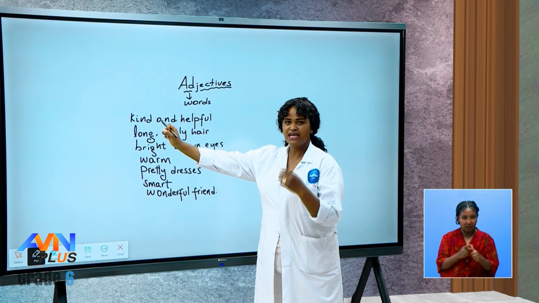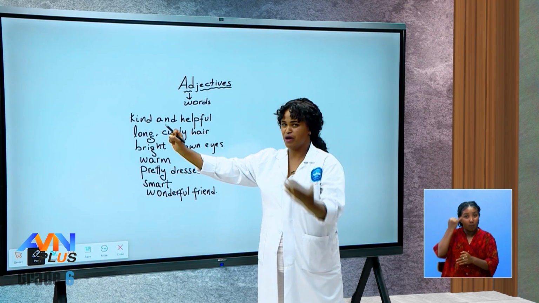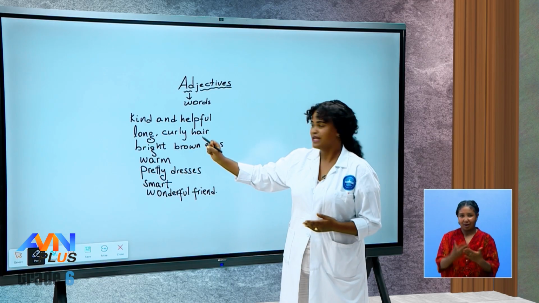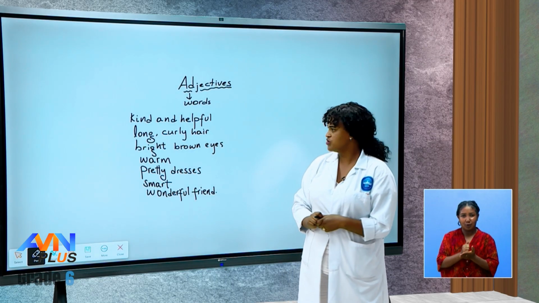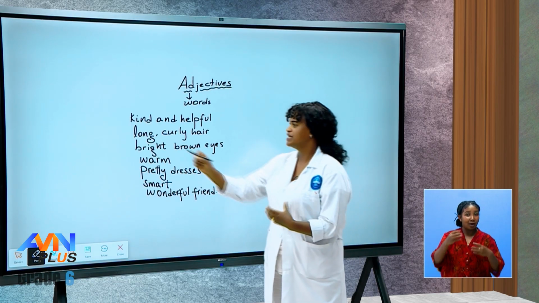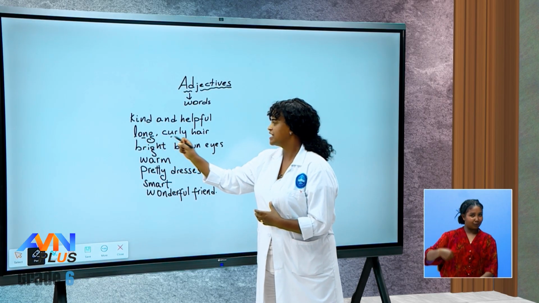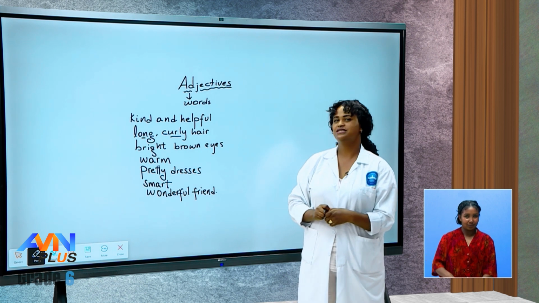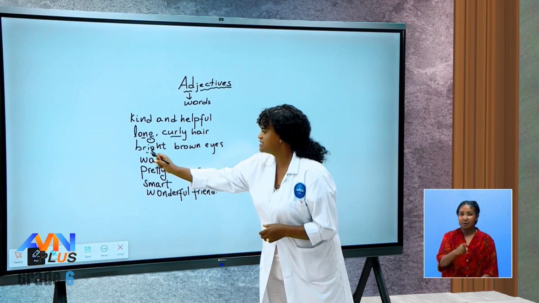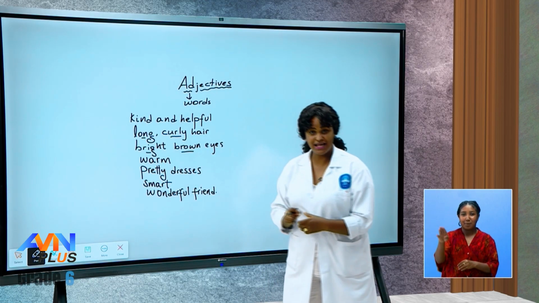When I tell you my opinion about my best friend, what do I say? She is kind and helpful. Oh, okay. How about the hair? Yes, she has what? Long and curly. All right. Let's talk about the eyes. What do we say? Bright and brown eyes.